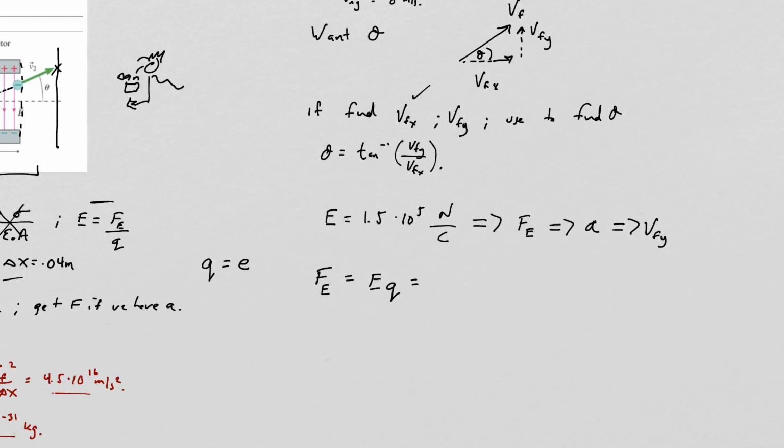So plugging in those numbers would give us a value for the force, but we might as well take this one step further, because if force is equal to ma, then we know that a, which is what we wanted from this, is going to be E times the electric field divided by the mass of that electron. Again, mass of the electron and charge of the electron are constant numbers. We plug these in and we get 2.6 times 10 to the 16 meters per second squared. Again, a tremendous value.